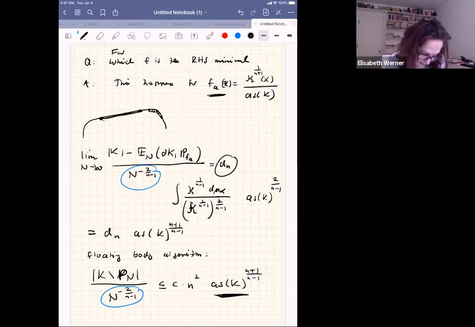We already saw in the floating body algorithm that affine surface area came in naturally, but that maybe was not so surprising. What we see now in this general approximation of convex bodies by random polytopes is that naturally this affine surface area also comes in.